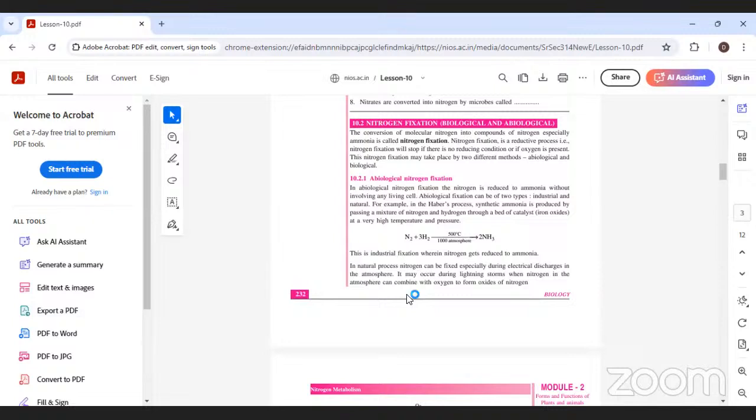First, we will discuss abiological nitrogen fixation. In abiological nitrogen fixation, the nitrogen is reduced to ammonia without involving any living cells.